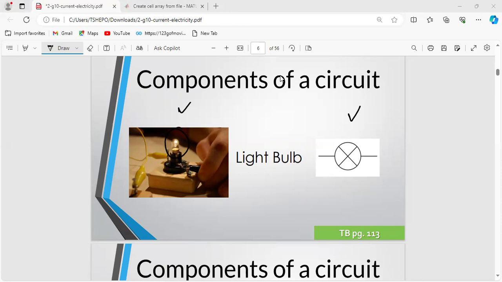But you don't have to go deeper and understand why. You just need to understand that a light bulb can convert electrical energy into heat energy. Also, not only heat energy, the light bulb also converts the electrical energy into light energy, okay?